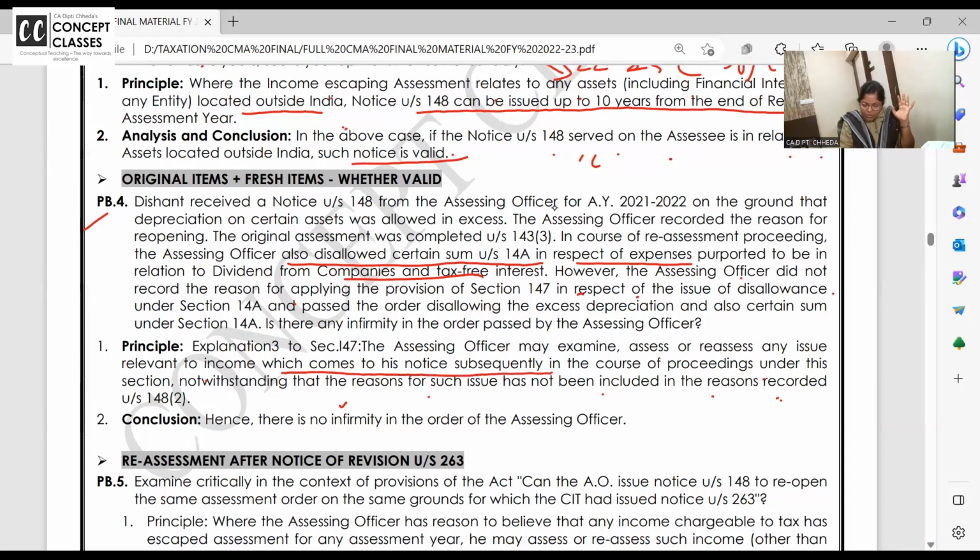In the notice sent under 148, this was not there, only depreciation was there, not section 14A. Still allowed. Hence there is no infirmity in the order of the AO. There is no mistake by the AO, everything is foolproof, allowed.